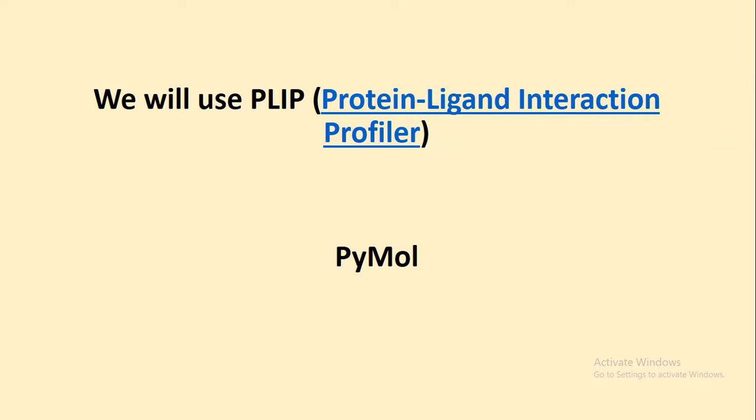PLIP is currently a state-of-the-art algorithm, or you can say software, which calculates almost all sort of interactions for a protein-ligand complex or for a protein inhibitor complex. Please do not confuse yourself with the word inhibitor, agonist, antagonist in ligands, or compounds, or drugs.